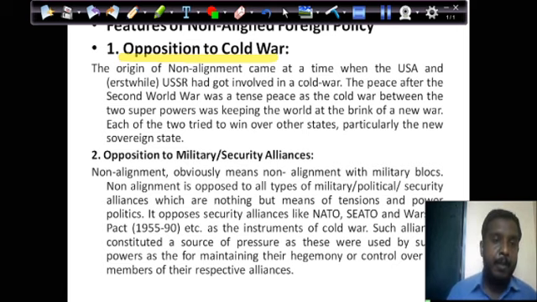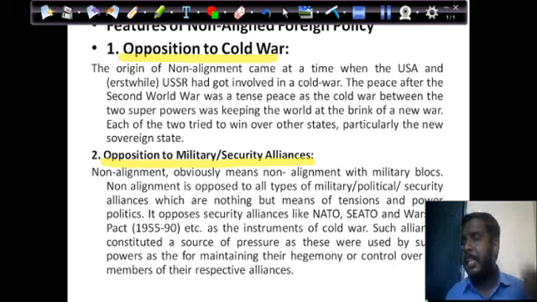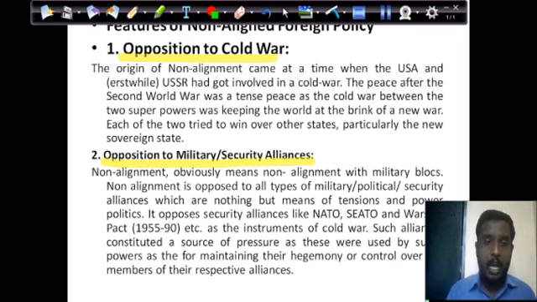And the second one is the opposition of military and security alliances. I have told you, during the Cold War there were many active military alliances like NATO, SEATO, Warsaw, and these are the major different pacts that were signed. These pacts were made in such a way that if one country is attacked, the countries involved in the pact would retaliate. So this is basically military alliances.